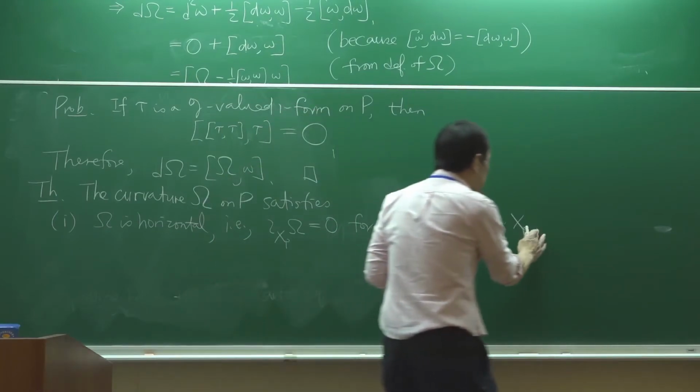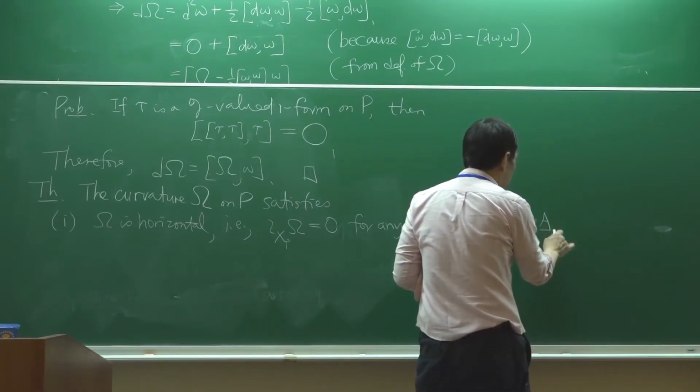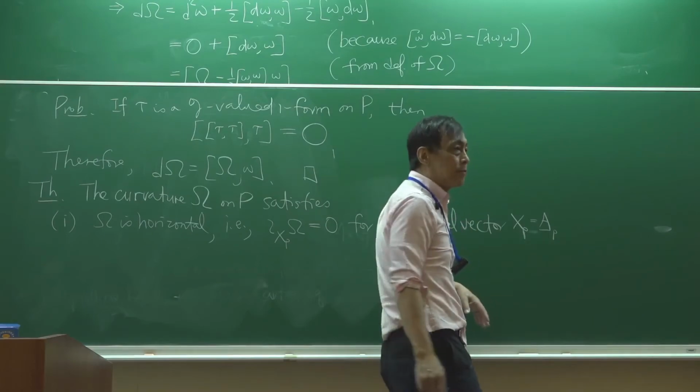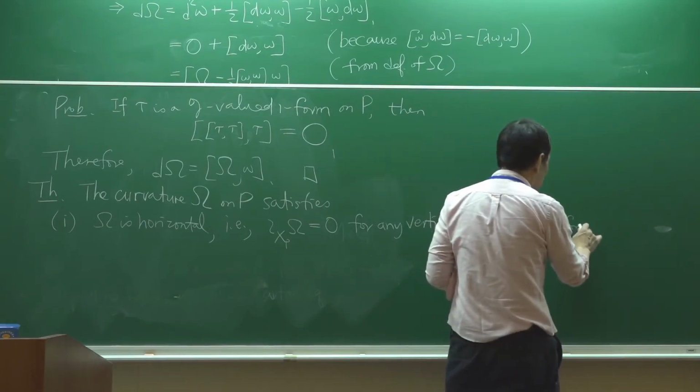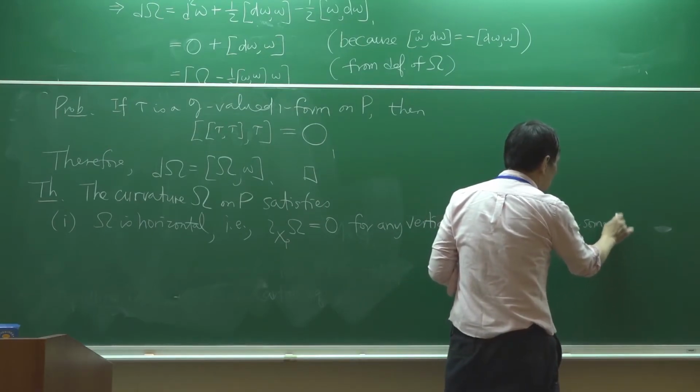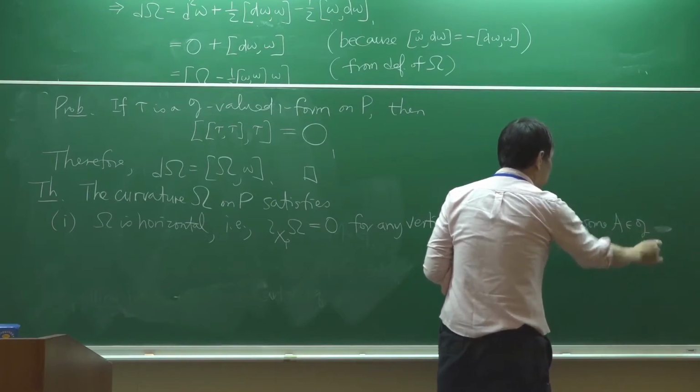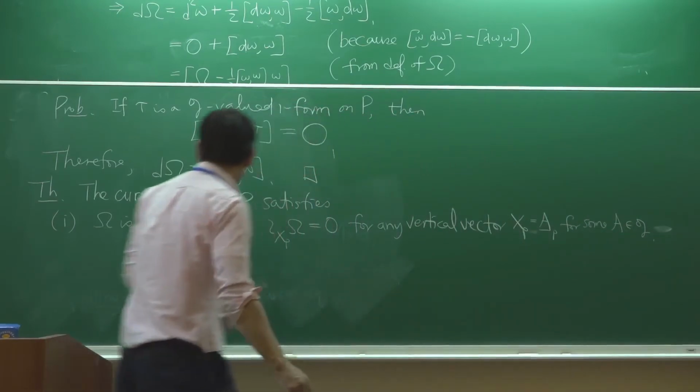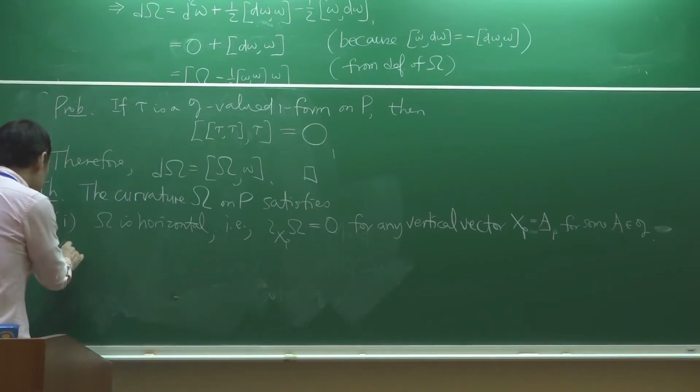And a vertical vector is always associated to some A in the Lie algebra.